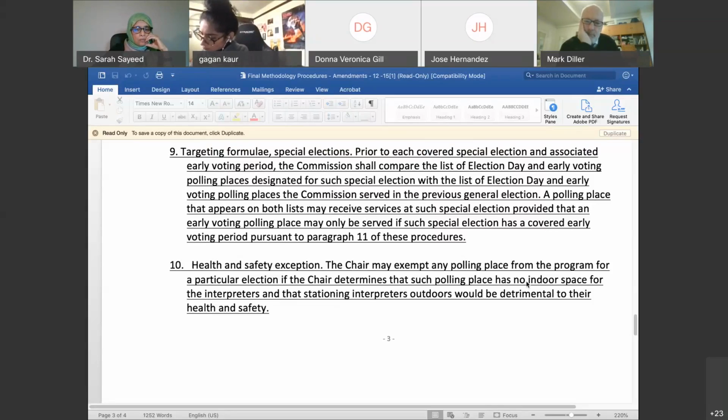So I think if in some way we can get this, or speak to someone to get it into where BOE would allow the CEC interpreter to be in the polling site. I don't know how we will do that, but is there some way we need to think about doing that so we don't have this problem with people being outside in inclement weather and just not having a really good reception to the process?